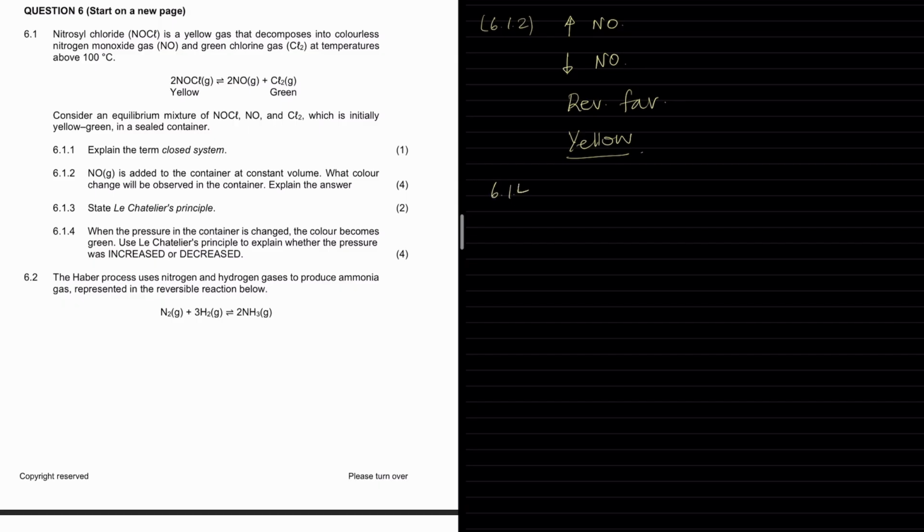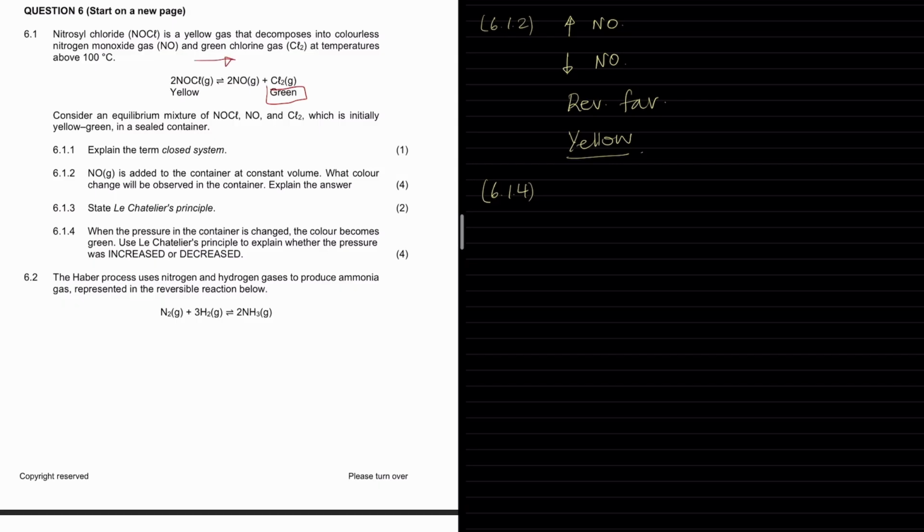Question 6.1.4. When the pressure in the container is changed, the color becomes green. Use Le Chatelier's principle to explain whether the pressure was increased or decreased. So, in other words, if we're talking about pressure, we are talking about number of molecules. If it's green, it means that the forward reaction was favored.